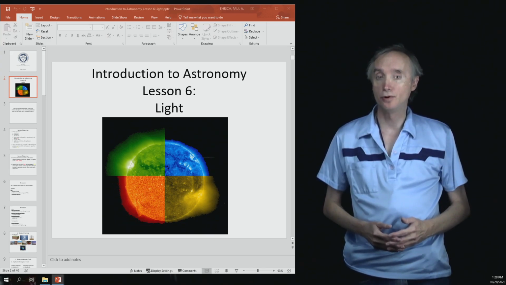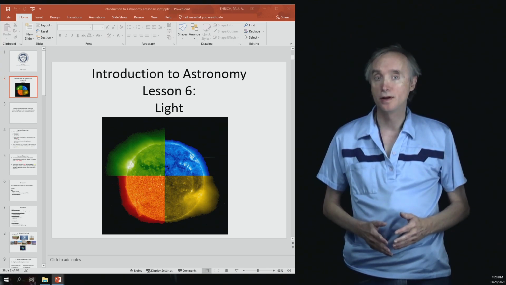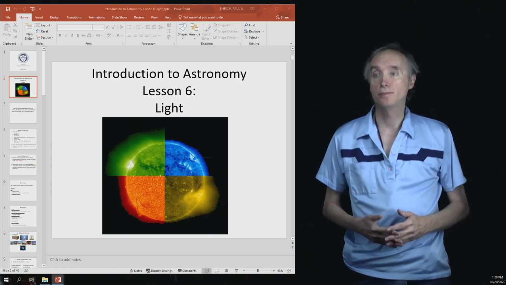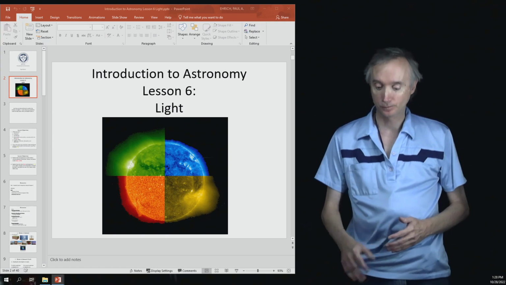So, for example, the picture shown here is a picture of the sun taken using different kinds of light. So taken using visible light, taken using infrared, ultraviolet, and X-ray. So depending on the type of light you use, you get more information about the object that you're looking at.